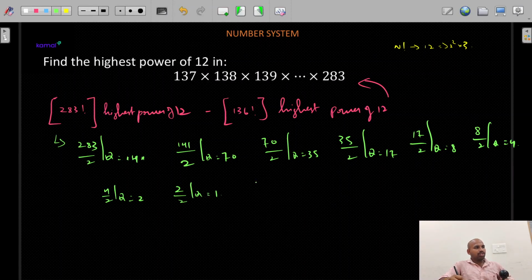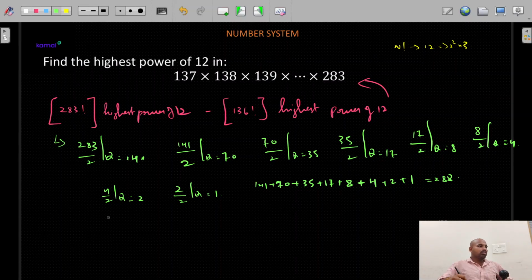So the highest power of 2 here is 141 plus 70 plus 35 plus 17 plus 8 plus 4 plus 2 plus 1, and just add it. 141 plus 70 is 211. 211 plus 35 is 246. 246 plus 17 is 263. 263 plus 8 is 271, plus 4 is 275, plus 2 is 277, plus 1 is 278.